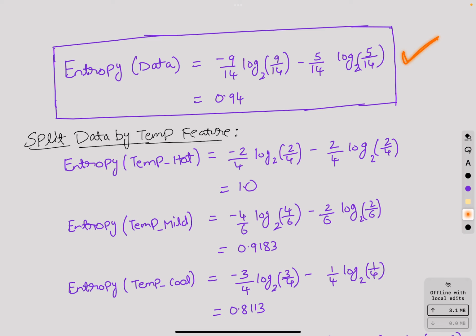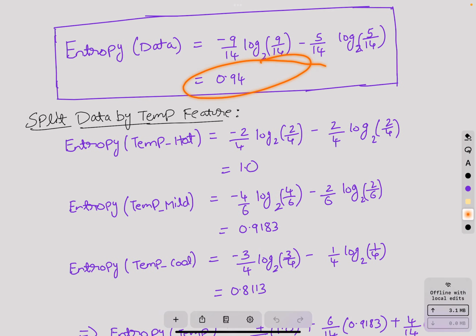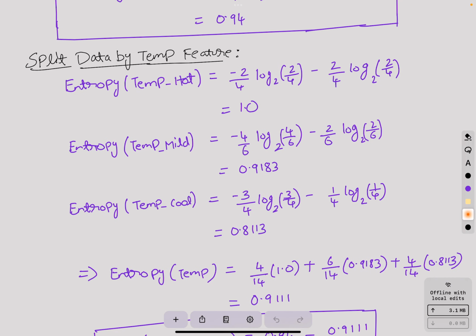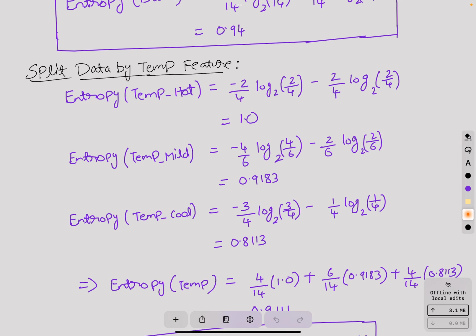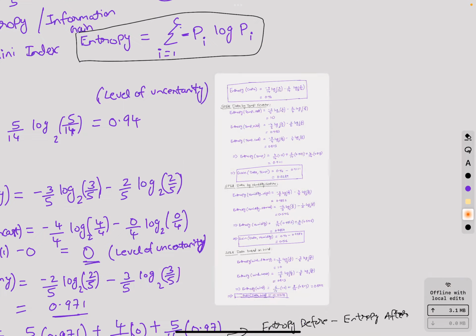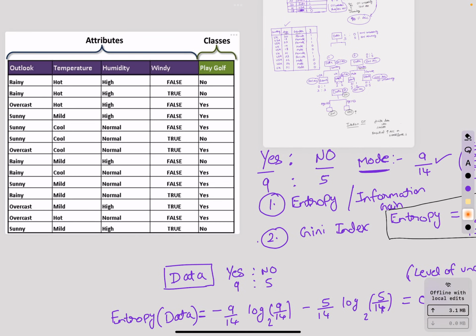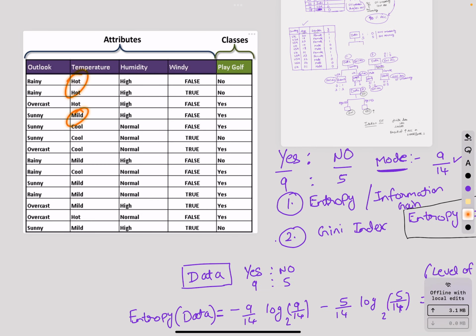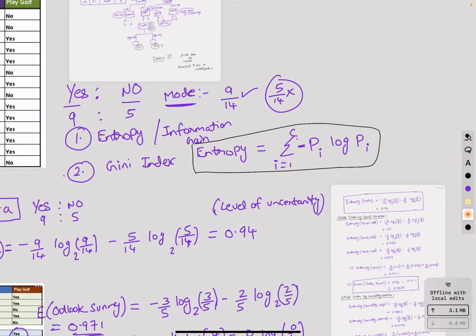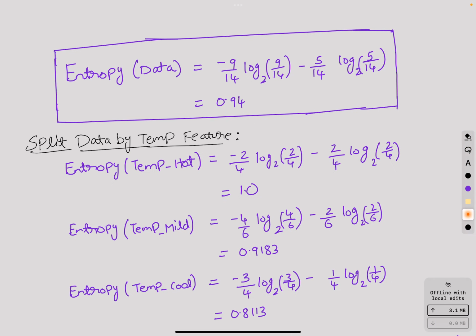Entropy before dividing, the entropy of the entire data, was 0.94, which we calculated. And if I divide my data based on temperature, temperature has 3 categories, which are hot, mild, and cool.